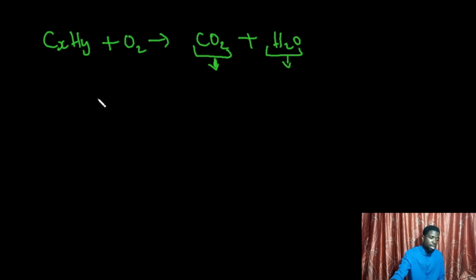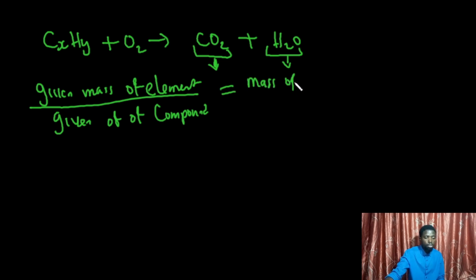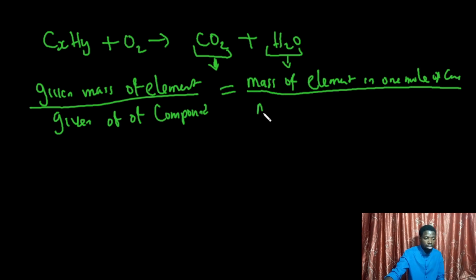It is simply expressed by this relation: given mass of element, all over given mass of compound, equals mass of element in 1 mole of compound, all over molar mass of compound. So let's get to work.